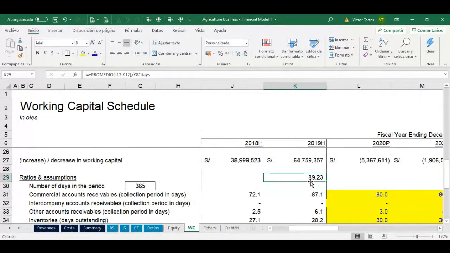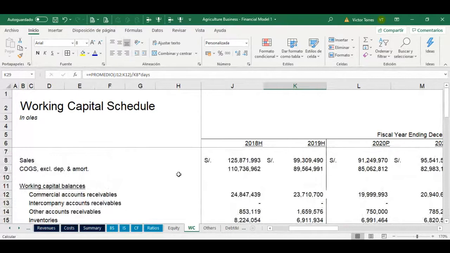And the reason for that is the consideration, better said, it's not an assumption, it's an issue, that accounts receivable is a stock that is observed at the end of the year. This is the stock at the end of 2018, so that means it is the stock at the beginning of 2019.